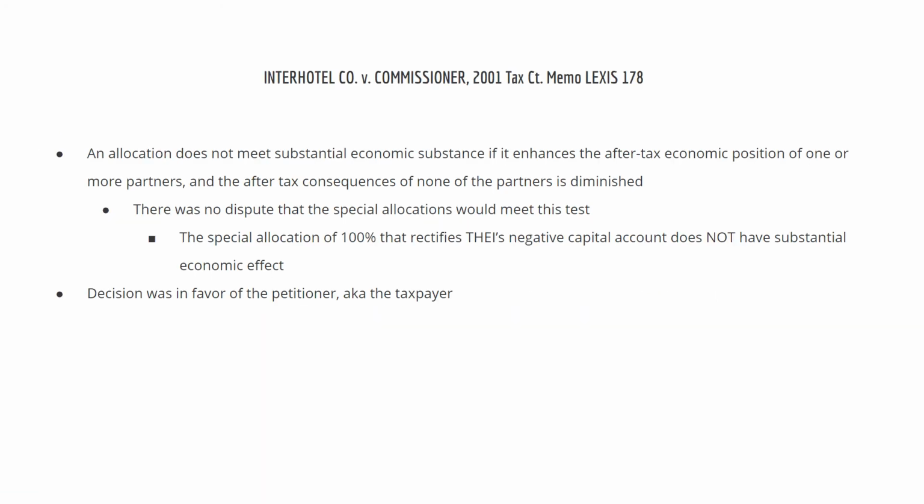But to bring it back to our case about substantial economic substance, they were deciding whether or not the allocation to this guy's capital account was substantial.